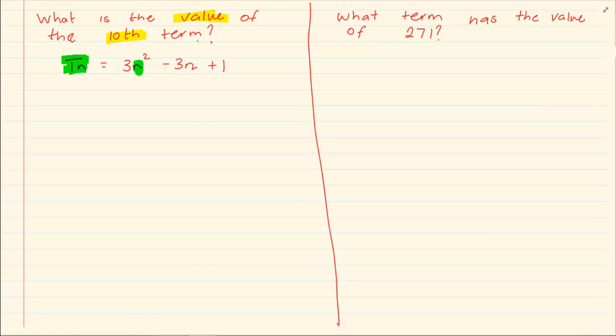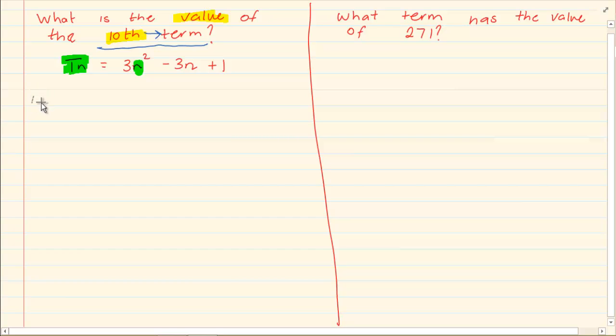When they are telling you that they are giving you the 10th term, they are giving you the number it is standing in the row. So what they gave you is n. They are telling you that n is equal to 10. So it's the first, second, third till the 10th term.